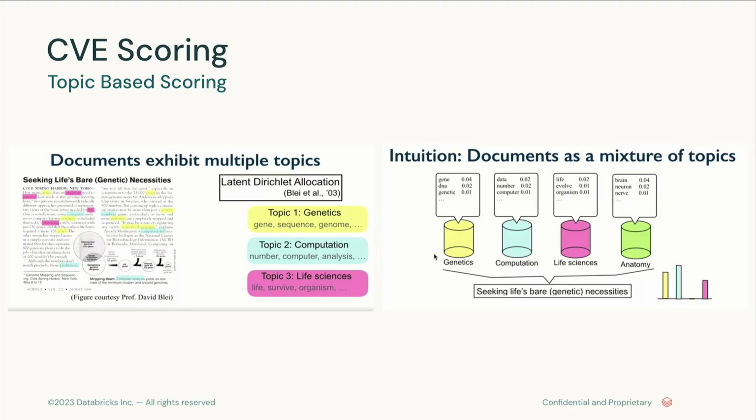So for example, this document can be represented as a vector of these topics, where each value shows how much it's distributed in that particular topic.